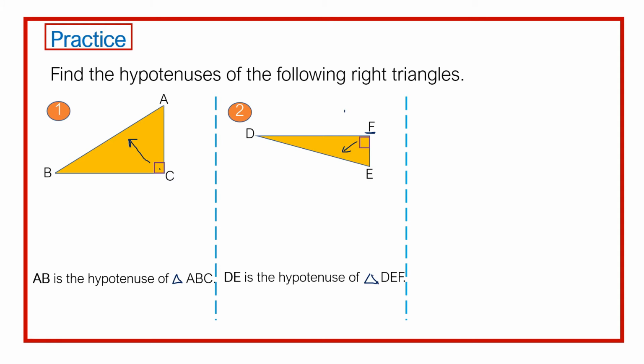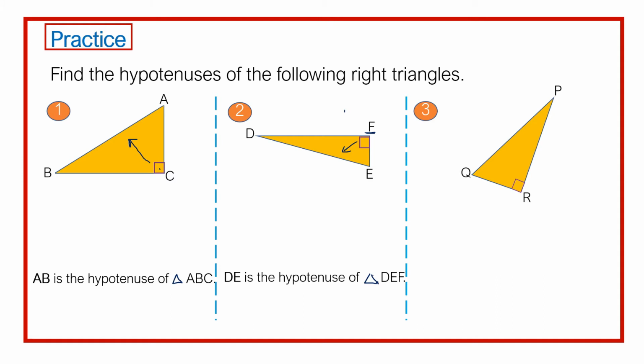Now, let us move on. We go to number 3. We have got triangle PQR. Still, we need to know which one is the hypotenuse, or which one is the longest side.